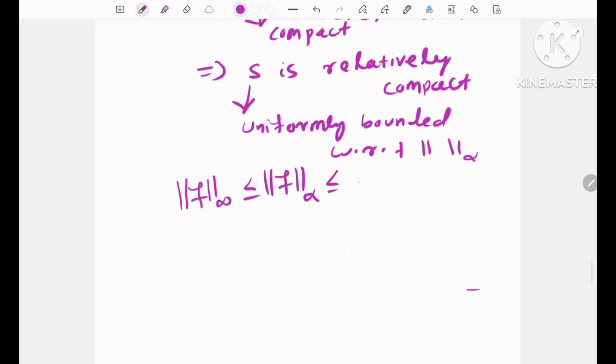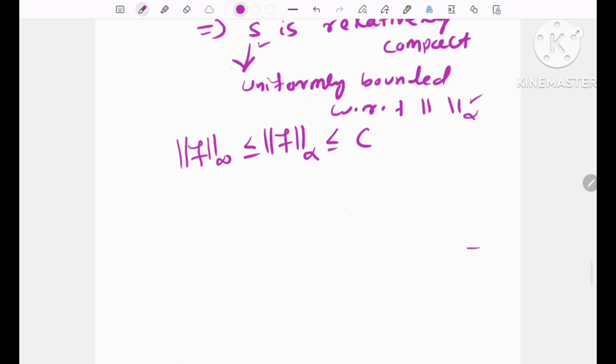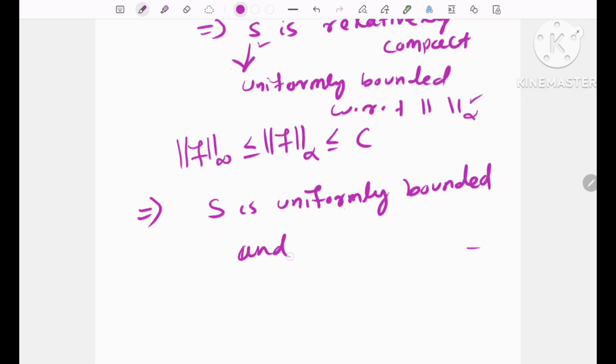So this is also bounded by C, because this set S is uniformly bounded with respect to the alpha norm. This implies S is uniformly bounded and equicontinuous. It is bounded with respect to the supremum norm.